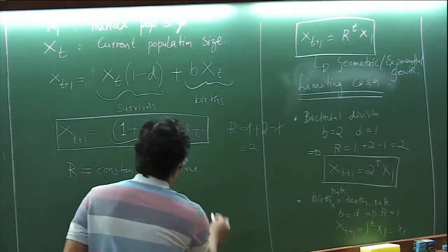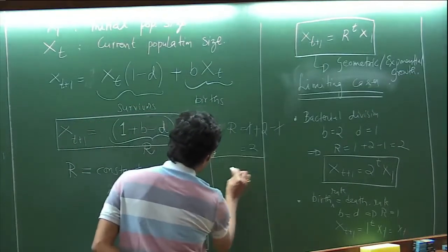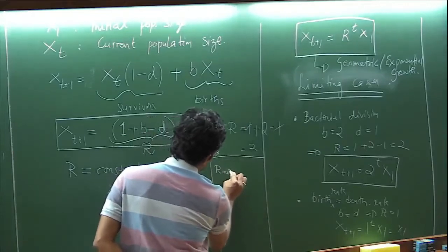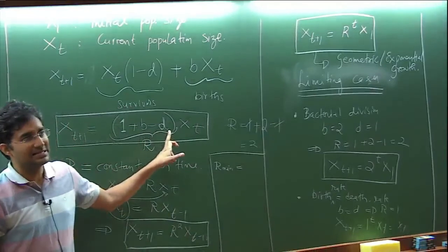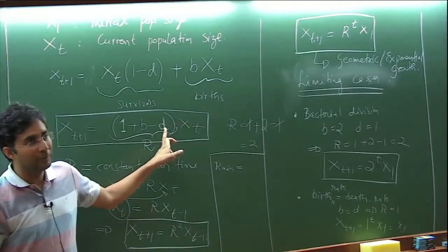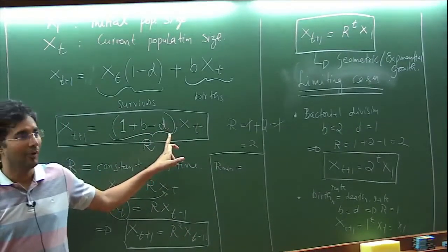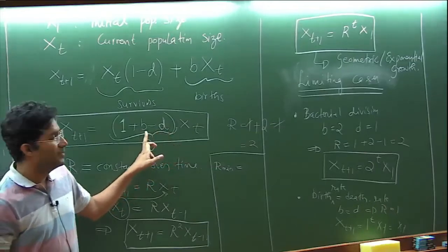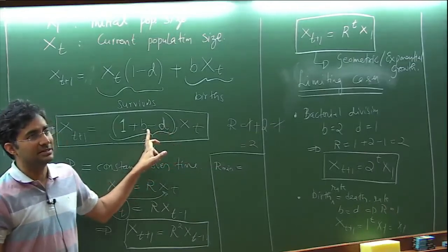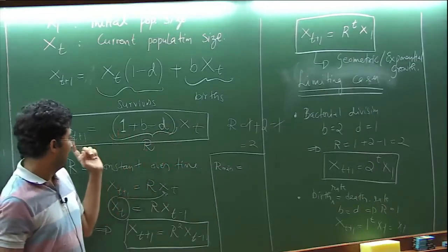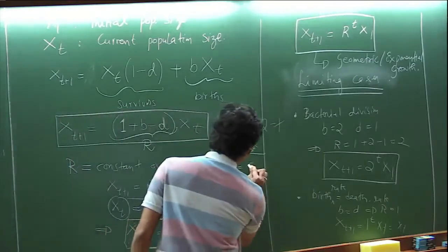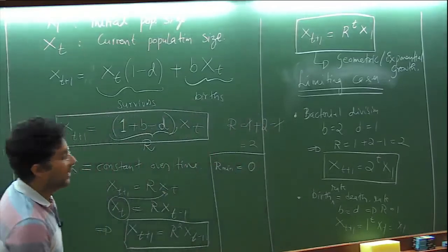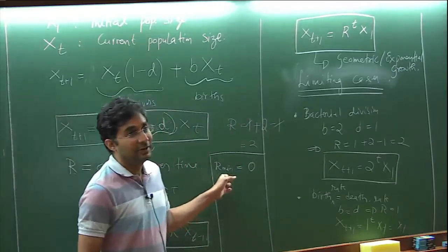What's the R minimum? R will be minimum when birth is minimum and death is maximum. D is the probability, so its maximum value is 1. And the minimum value of B is 0. So the minimum value of R will be 1 plus 0 minus 1, that will be 0.